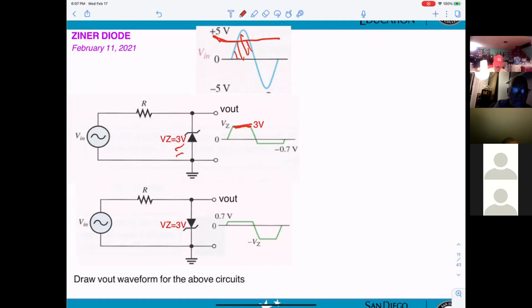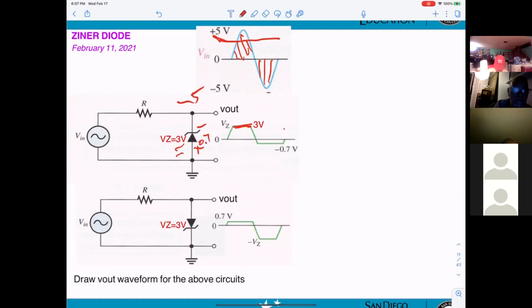Okay, when you go to the negative cycle, that means this side will be negative. First it was positive, now it's negative. For normal, they will be on normal, like we just did, right? They will be positive here, negative here, 0.7.